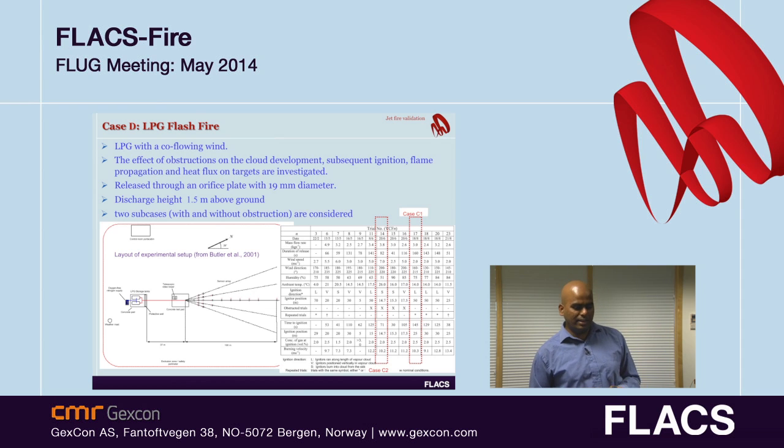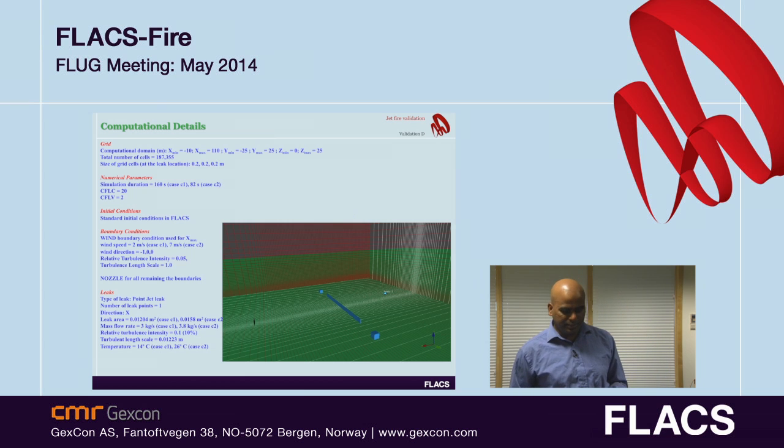The LPG is released at an orifice plate with a 19 millimeter diameter, and the discharge height is about 1.5 meters above the ground. There are two cases considered in this study. One is without obstruction, the second with obstruction. The details of the experiment are given here.